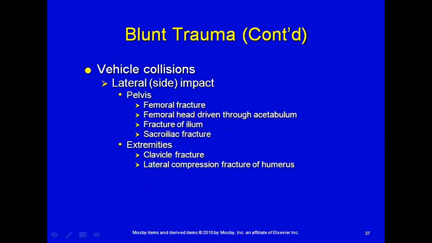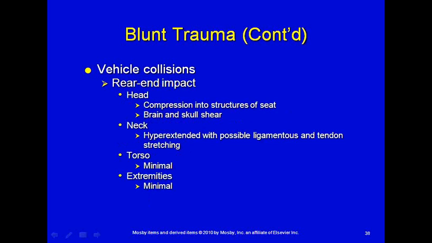With rear end impacts, the head is a 22-pound heavy weight on a broomstick, and when the vehicle is struck from the rear, the body shoots forward while the head snaps back, causing a hyperextension injury, which we know as whiplash.